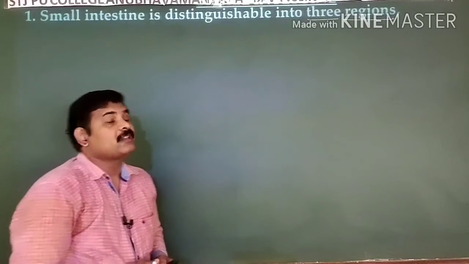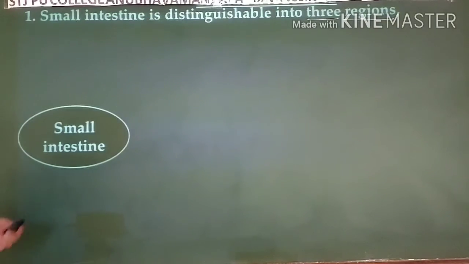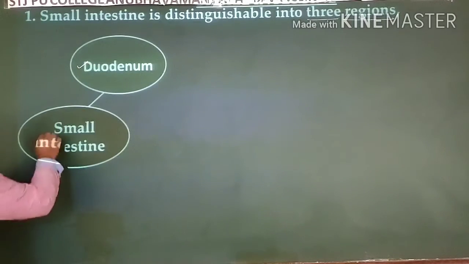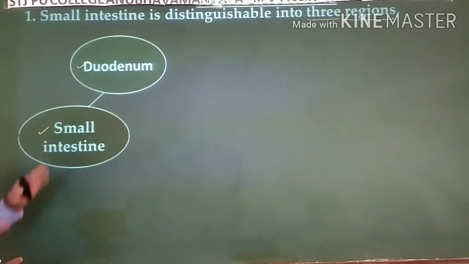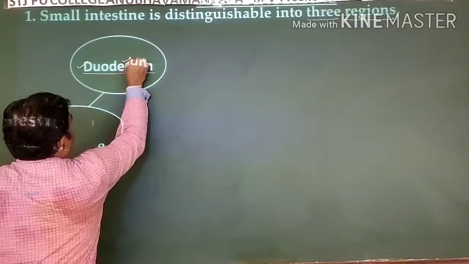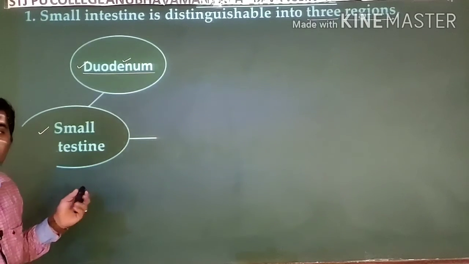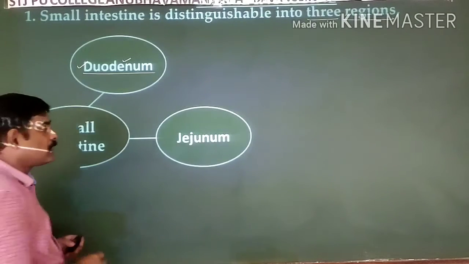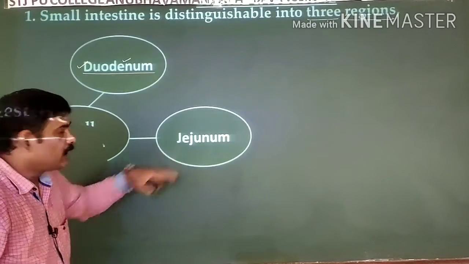Coming to the three regions of your small intestine, one is the duodenum, right? If you take the small intestine as a part of your digestive system, the first part we call the duodenum. The second part is the jejunum, the second or middle part of your small intestine.